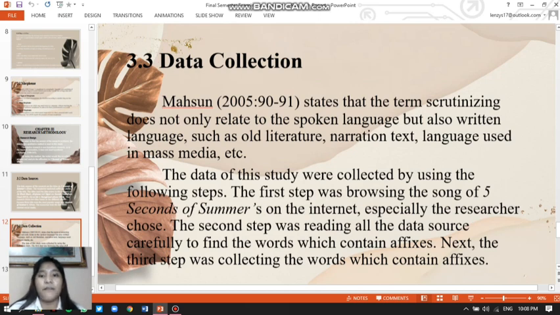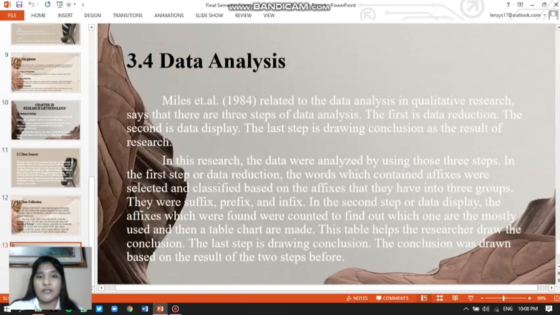The first step was browsing the songs of 5 Seconds of Summer on the internet, especially the ones the researcher chose. The second step was reading all the data sources carefully to find the words which contain affixes. The third step was collecting the words which contain affixes.